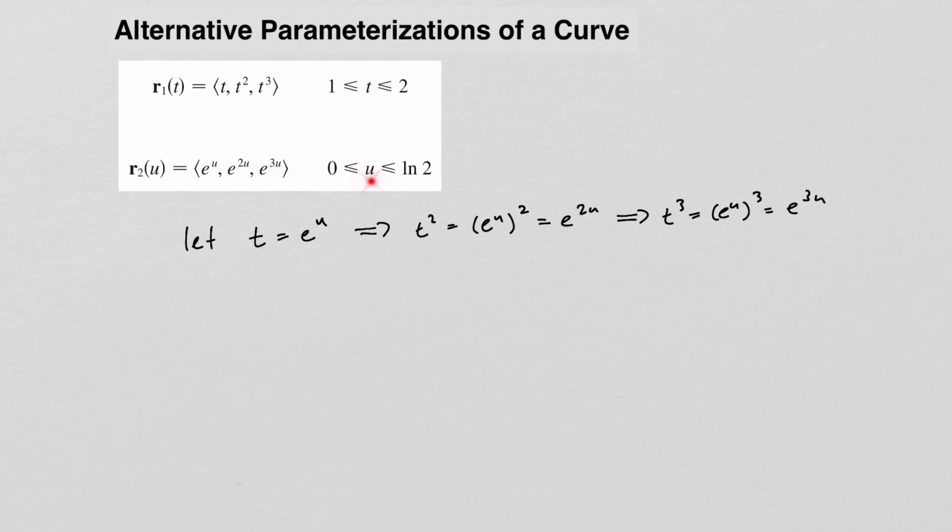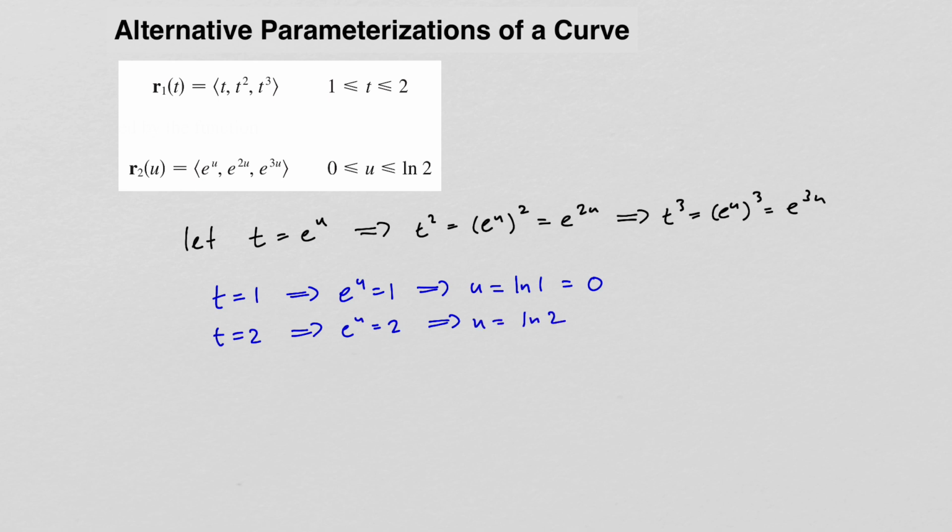Now, of course, what are the values of u that produce these same values of t? Well, if t is equal to 1, then this means that e to the u would be equal to 1. And of course, this means that u would have to be the natural log of 1, which we know is 0. And if t equals 2, we get e to the u equals 2, which means that u would be equal to the natural log of 2.